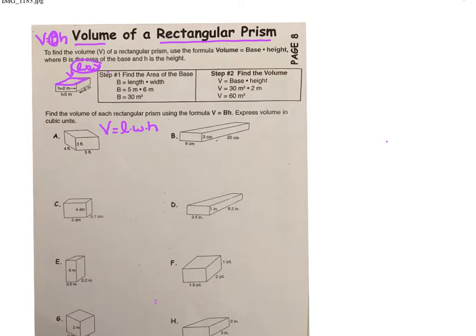Let's begin. Make sure you have a calculator, something to write with, and of course, your volume packet. We will do 1 or 2 problems together, and then you will complete the rest of the page on your own. Every time you complete a problem, make sure you show your steps.